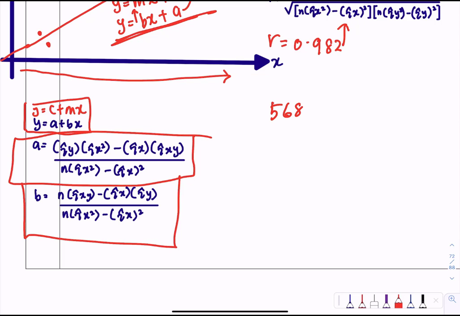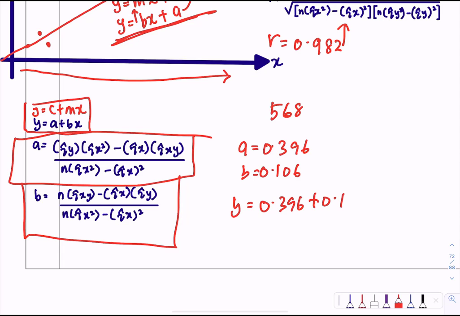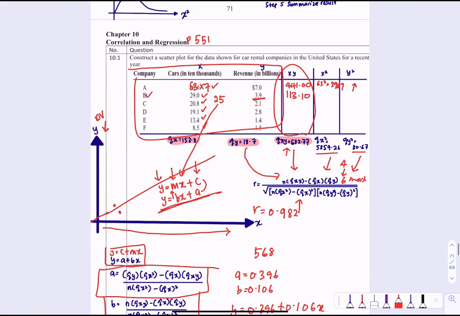The value is A equals 0.396, B equals 0.106. Jadi Y equals 0.396 plus 0.106x. Then you can have the prediction of Y or prediction of X, in both ways. That is chapter 10, correlation and regression.